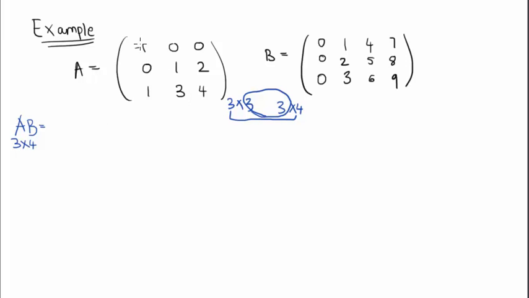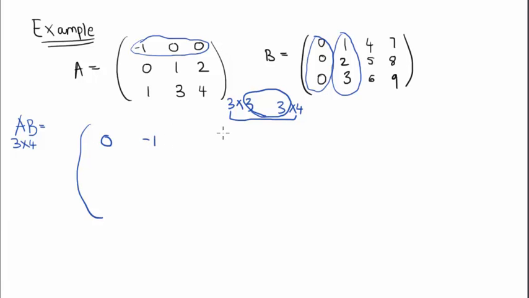So let's see, I'll take the first row, and dot product that with my first column. So I'll get negative 1 times 0, 0, 0 times 0, 0, 0 times 0, 0. That was quick. For the second element, I'll take the first row and dot product it with the second column. So negative 1 times 1 is negative 1, plus 0 times 2 is 0, 0 times 3 is 0, so that's just negative 1.